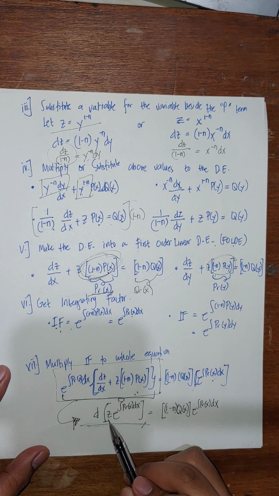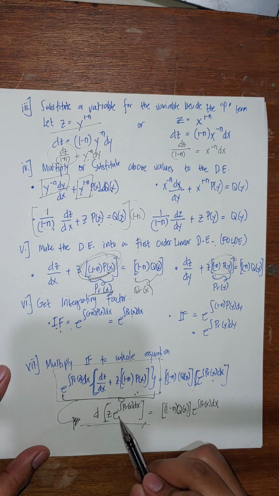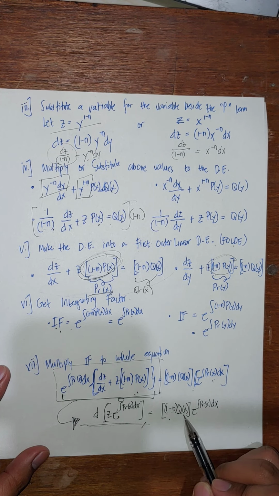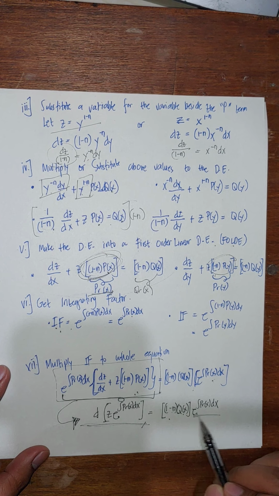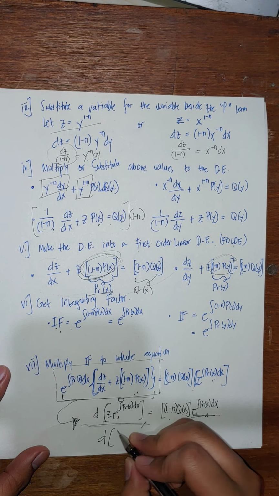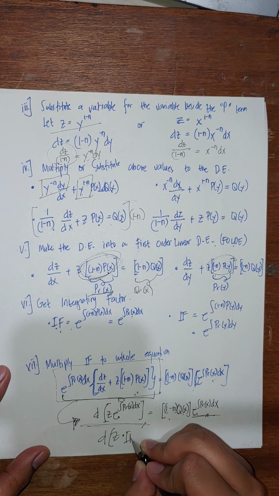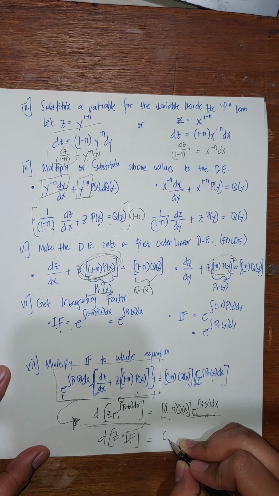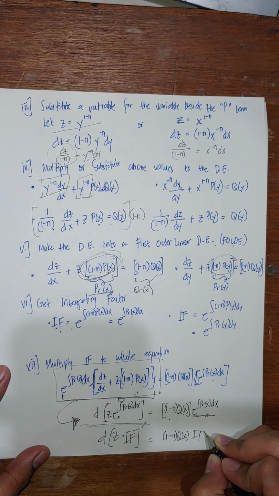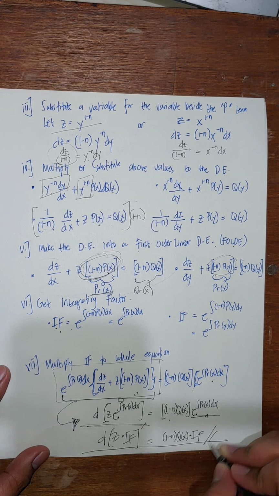Derivative of z times the integrating factor is equal to 1 minus n times q of x times the integrating factor. Diba? So, mura na siya d times z times the integrating factor is equal to 1 minus n times q of x times the integrating factor. So, mura na siya ginganing nahitabo.